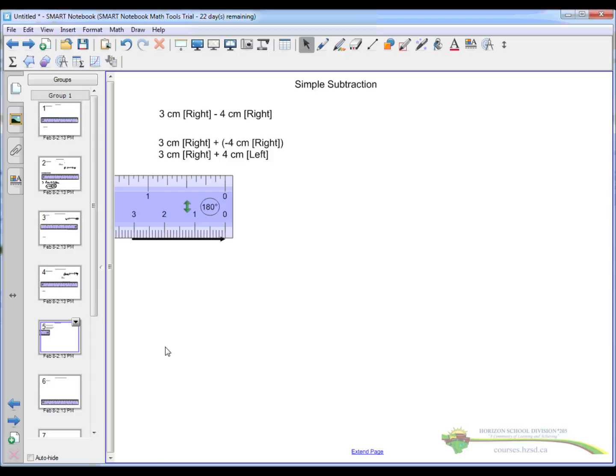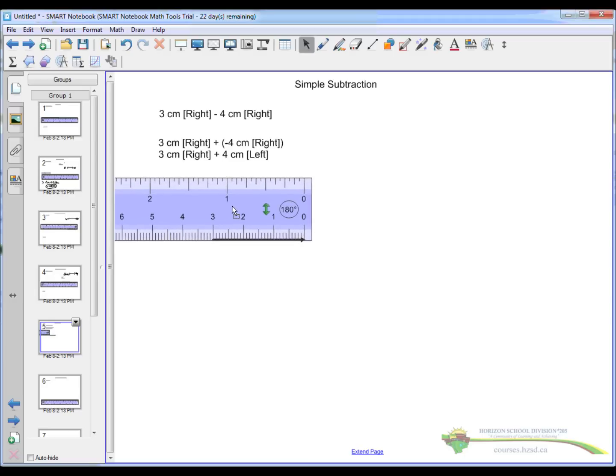now I should have done this with more room, and if this happens to you, you'll have to use an eraser and start again. Luckily, I can just grab this, pull it over. Otherwise, I'm not going to be able to draw 4 centimeters to the left. 4 centimeters to the left.